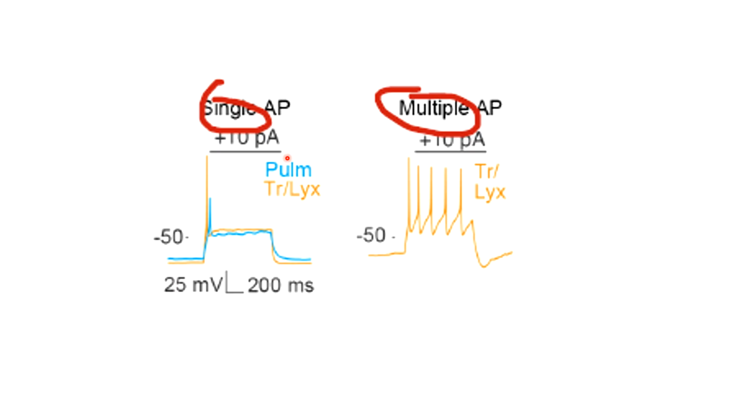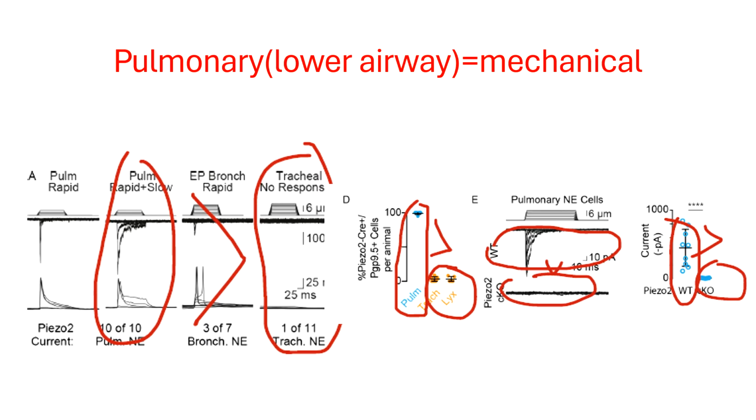In the lower airway, the action potentials recorded were single, whereas in the upper airway there are multiple action potentials. As we said, the pulmonary airway has to do with mechanical protection, and this has to do with the piezo receptor.